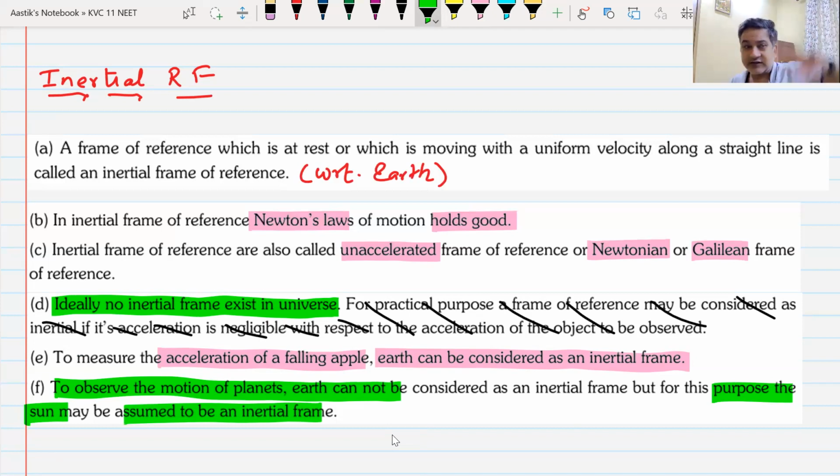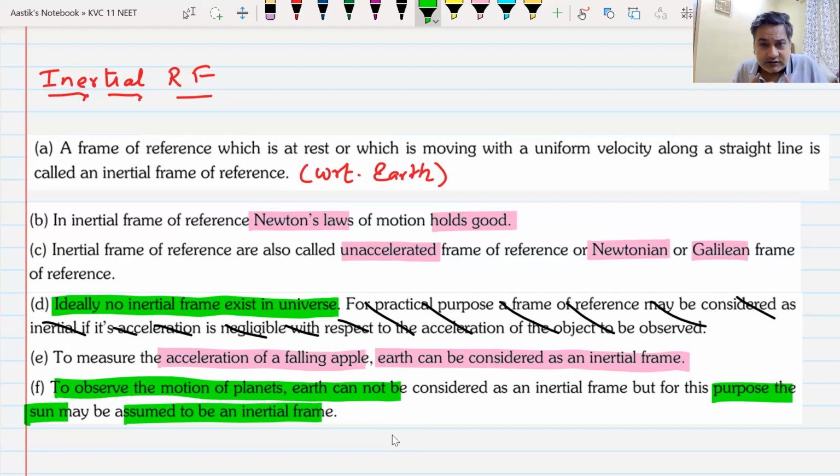You can take the center of the galaxy Milky Way as the inertial frame. If you want to study the motion of the center of the galaxy, you can take the center of the universe as the inertial reference frame. Even that is expanding. So there is no frame which is truly inertial, but for our understanding, Earth is an inertial reference frame.